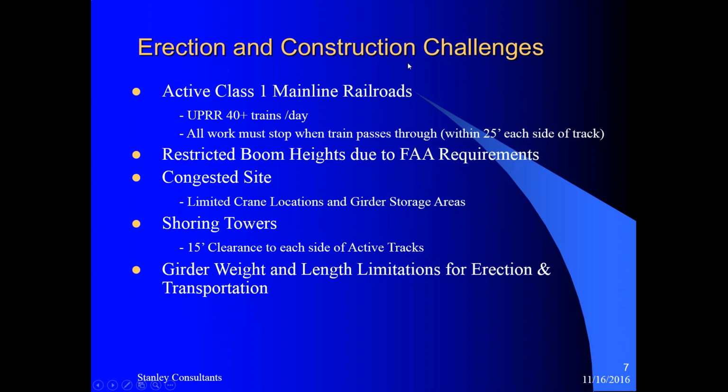Erection and construction challenges played an important role in determining the most suitable bridge type at this site. As I mentioned previously, the two railroads are both class 1 railroads with 40 plus trains per day, and this poses some construction issues that need to be considered at the early stages of the project.